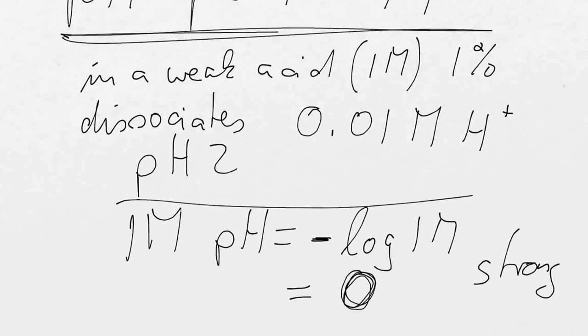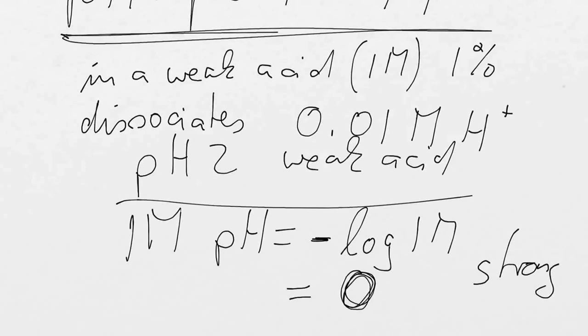But if I have the same concentration and it's a weak acid, for the weak acid, it's pH 2. So, same starting concentration, strong acid is pH 0. Weak acid is pH 2.